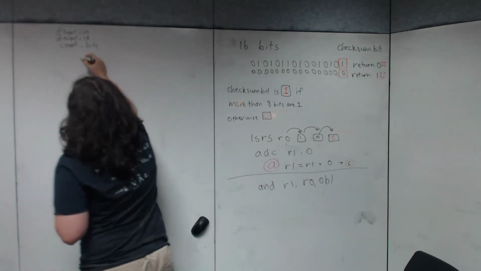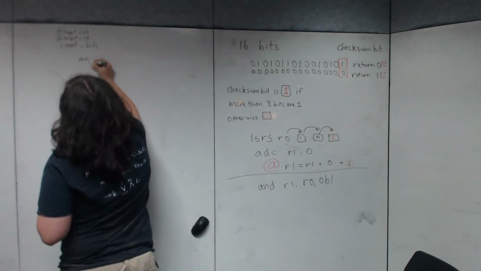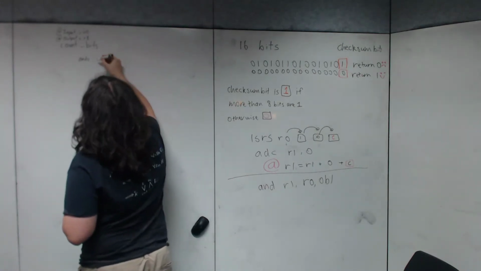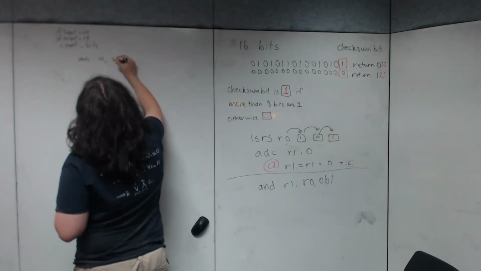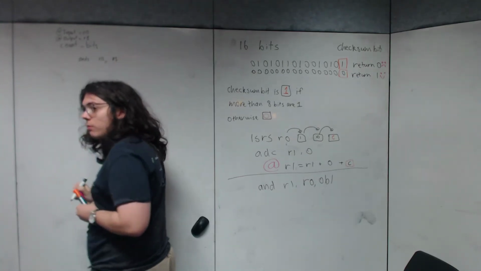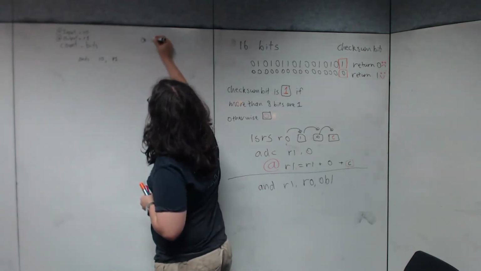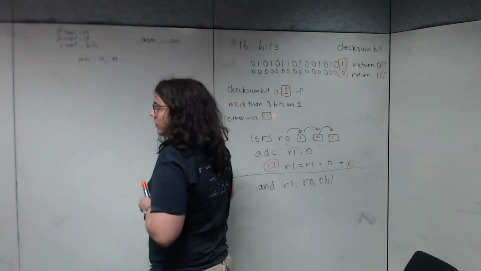So what I'll do is I'll start by checking the last bit and seeing whether or not the last bit of R0 is 1. So I'll go ANDS R0 and then just 1. Because that 1, of course, in binary is 0B 0 0 0 dot dot dot 0 0 1.